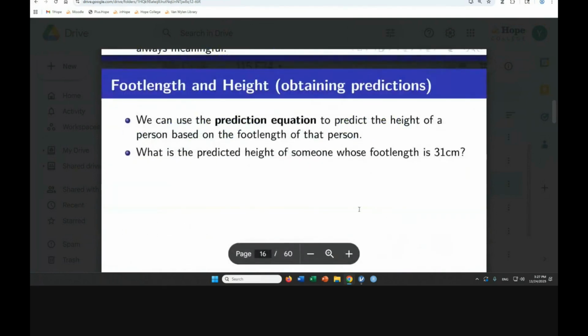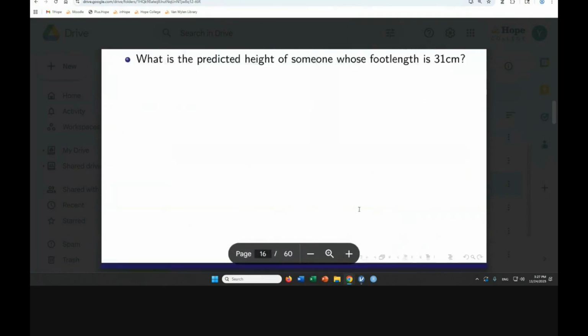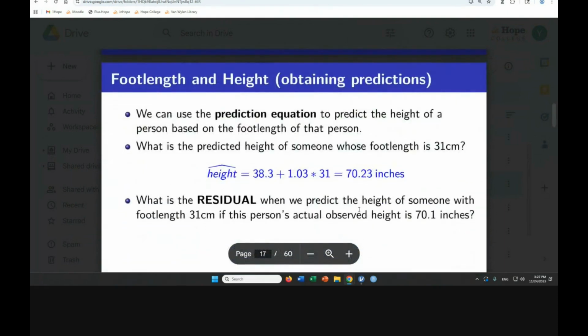How do you use it to predict? I hope this is obvious. How do you predict the height of someone whose foot length is 31? Well, put 31 in. Do you see that? Where foot length was, put 31 in. And then always check whether the answer given computes. Does it make sense?